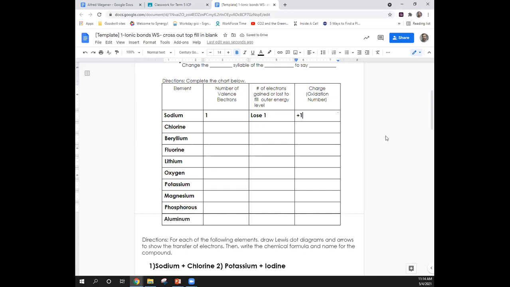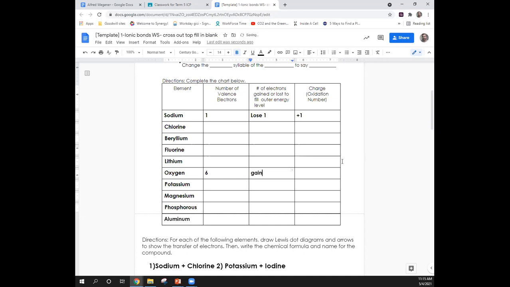Okay. Let's jump down to oxygen. How many valence electrons does oxygen have? 6. It has 6 valence electrons. Very good. So is it going to lose 6 or gain 2? Which is easier, losing 6 or gaining 2? Gaining 2.